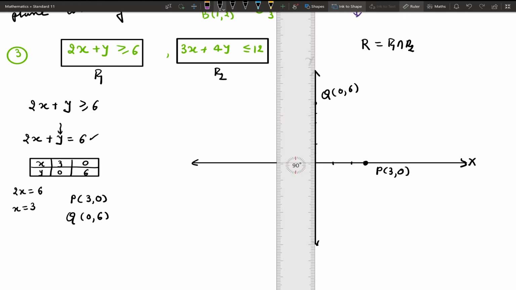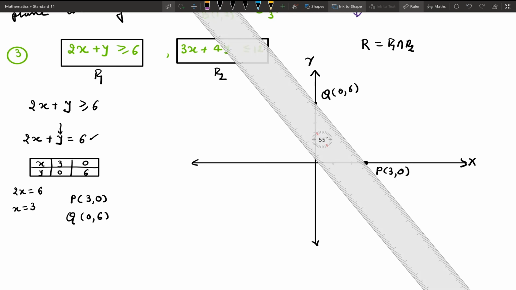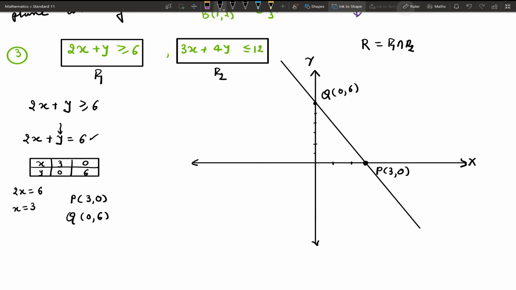Now we join these 2 points. So we are able to get the line 2x plus y equal to 6.